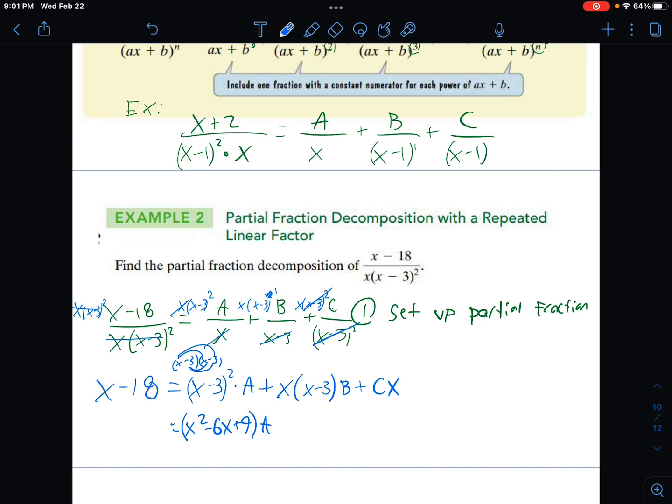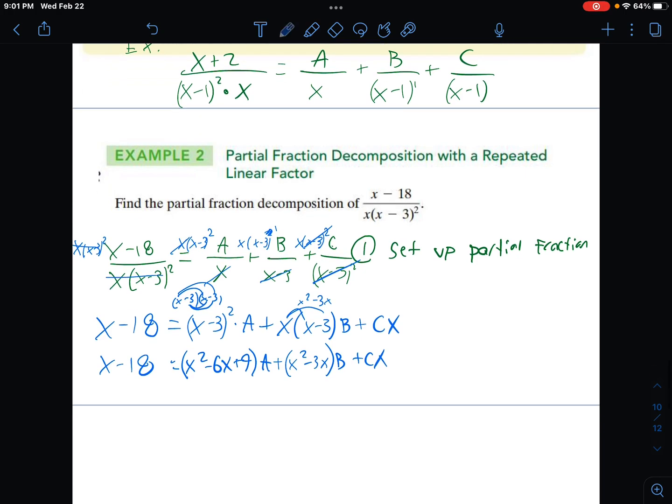The next part here, we're going to get x times x, which is x squared. X times negative 3 is negative 3x. Then we're going to multiply that by b. So we're going to get x squared minus 3x times b plus cx. Okay. And like I said, this is a little algebra heavy, but it's nothing that you guys can't do. I believe in you guys, and I know that you guys are going to be fine.